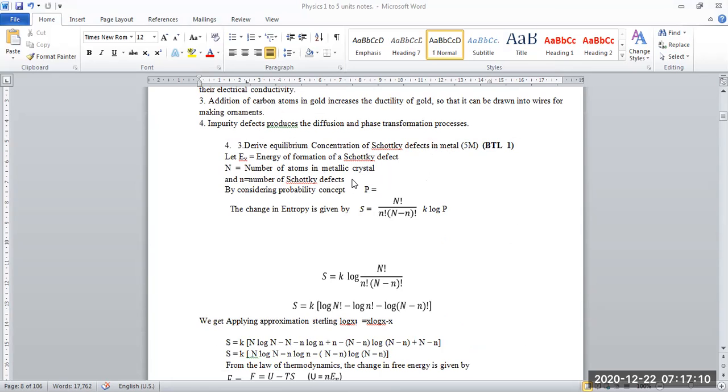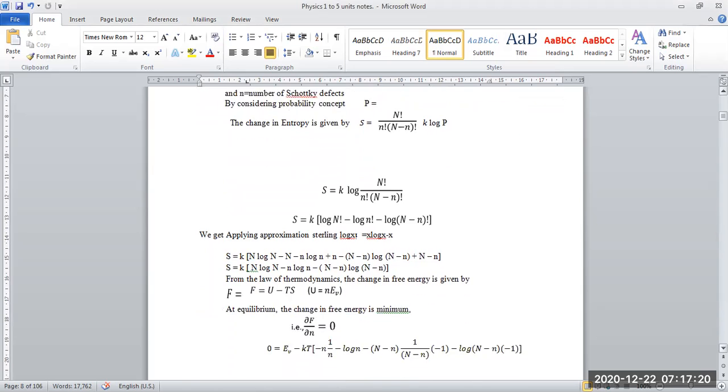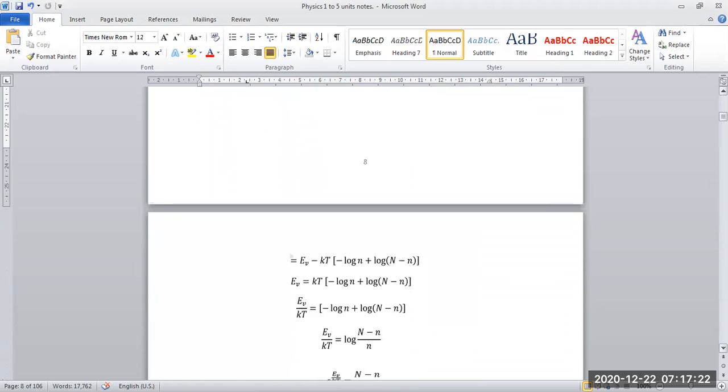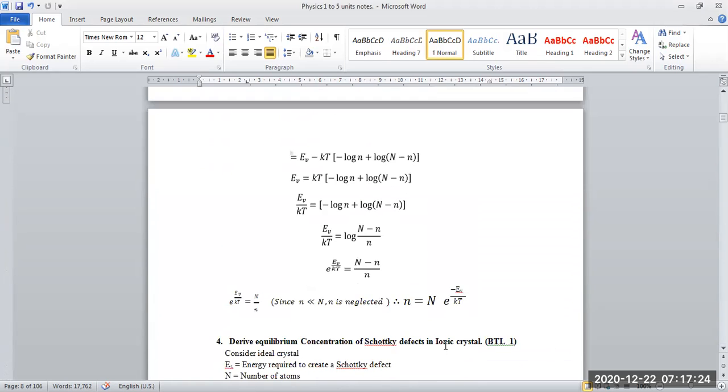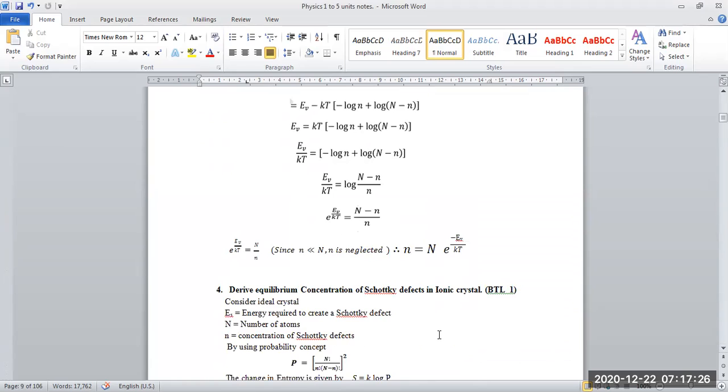I will give you the notes. This is from the notes which we have prepared for you. Now, when we talk about Schottky defect, I think you got the exact idea. If you are not clear with the derivation, what you can do is just make a note of it.